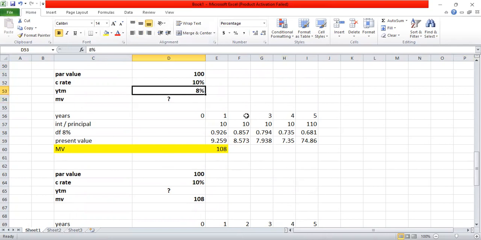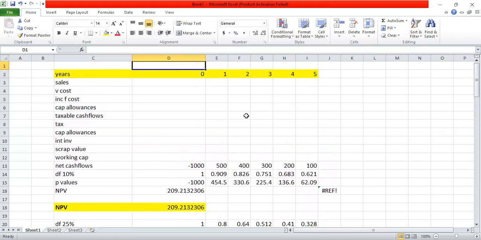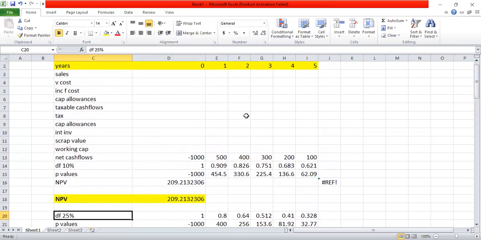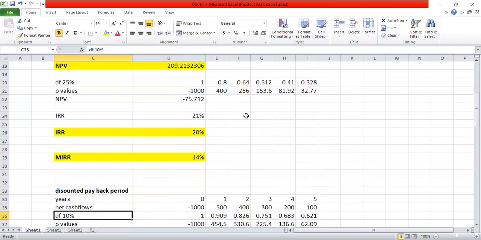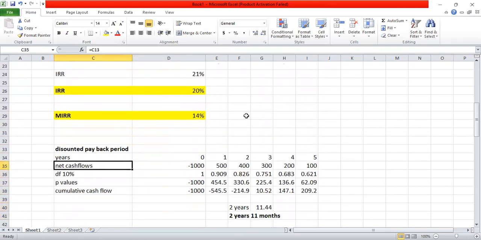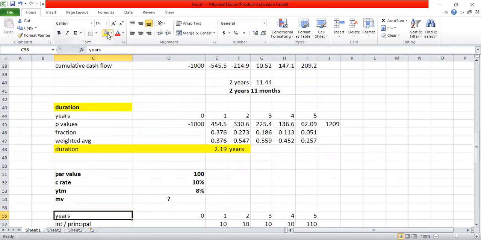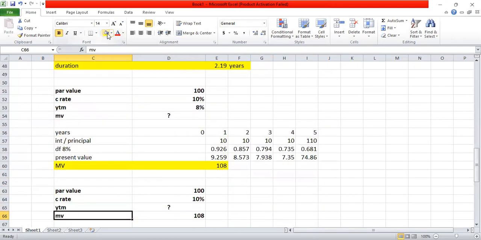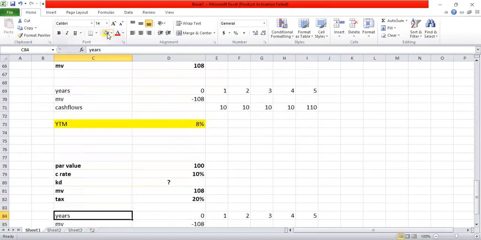So guys, in this video, we have gone through the maximum formulas which are being testable by the examiner: the NPV function, the IRR function, the MIRR function, the discounted payback period, which is this. Then we have gone through the duration, then the calculation of the market value of the redeemable bond, then the YTM, then the cost of debt.